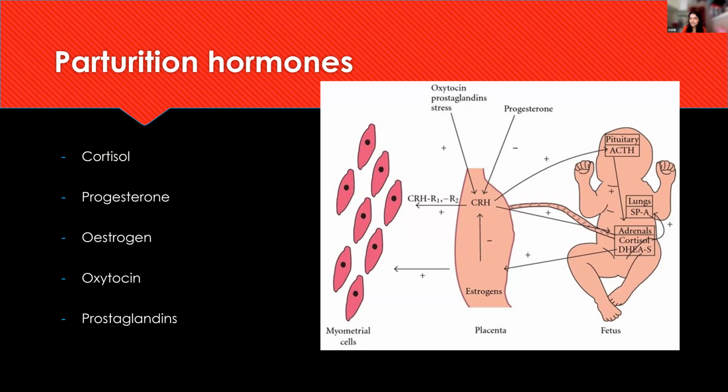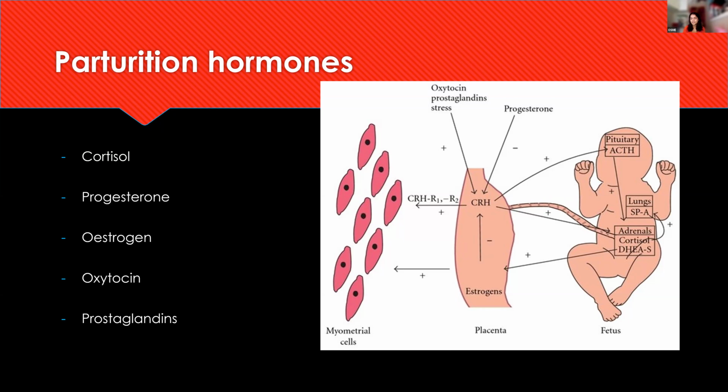As progesterone decreases, estrogen increases, so there are more oxytocin receptors, and oxytocin drives prostaglandin synthesis. Prostaglandins E and F are mainly involved in this. If women are struggling with labor, clinically you can give them vaginal pessaries with prostaglandin F to help things move along.